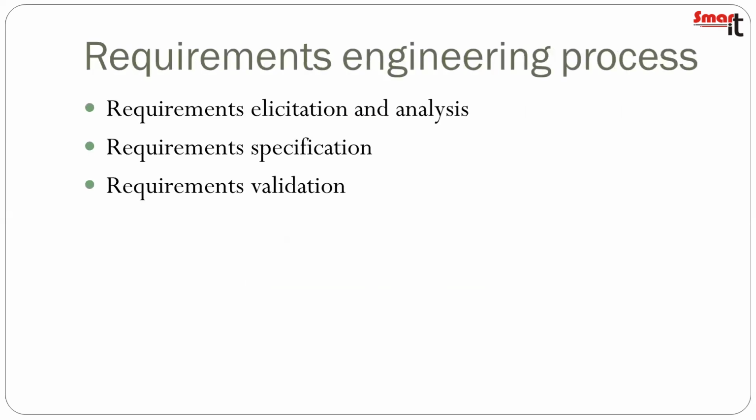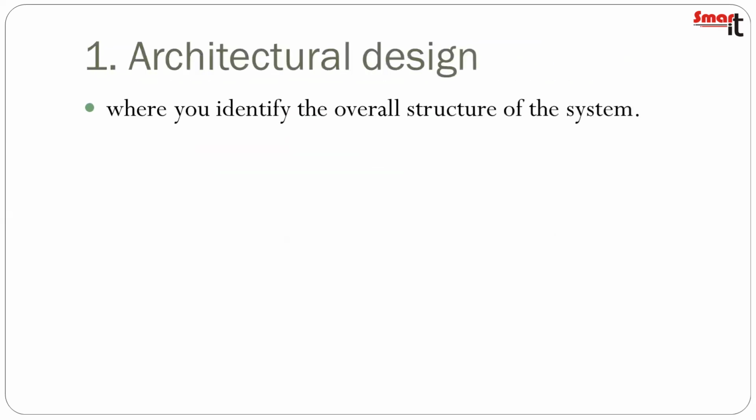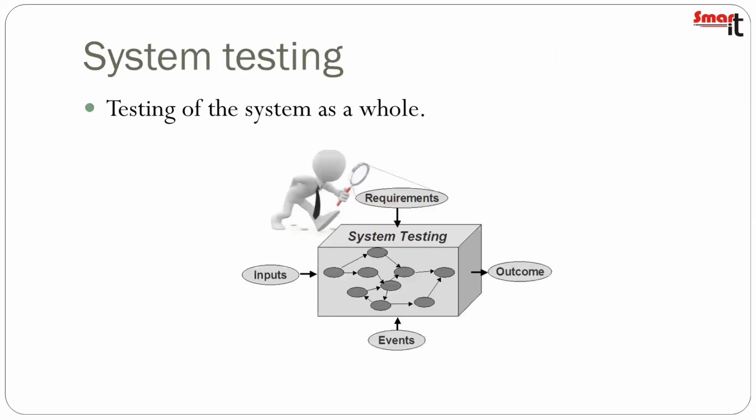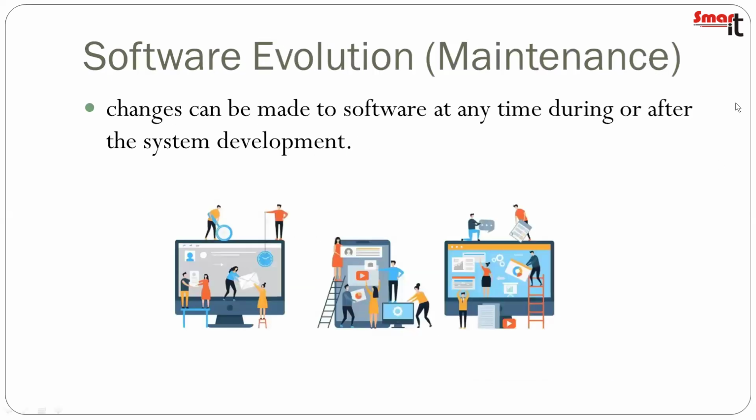So at last we are going to talk about software evolution, which we also call maintenance. Even after we are done with the software, we have to do some kind of task that is called maintenance, because changes can be made to software at any time during or after system development. Maybe during the development, or also after we deliver the software, the customer may have some changes.